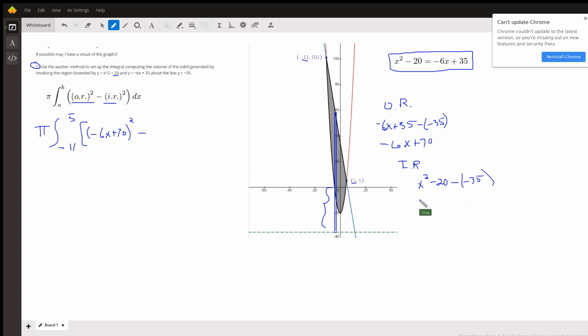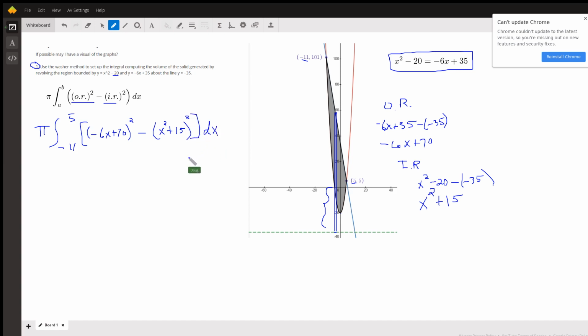Since we're squaring the results here, we could have subtracted in the other order, but it's a good idea to do top minus bottom, which gives you the distance or the length of a vertical segment. So this is x squared plus 15, the quantity squared, and dx.